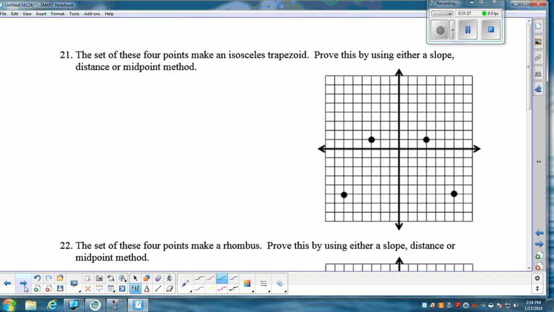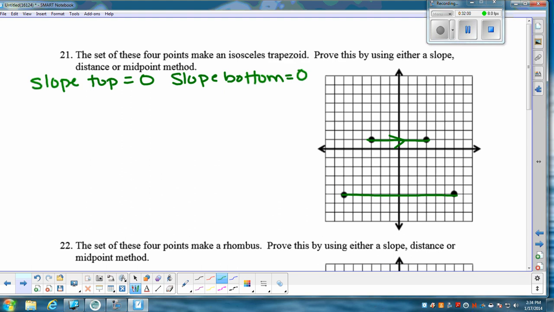Number 21, we first want to figure out all of our slopes. The slope of the top is 0. The slope of the bottom is also 0. So we know we have at least one pair of parallel lines. Since we want this to be an isosceles trapezoid, we check the slope of the left and right to make sure those ones are not parallel.